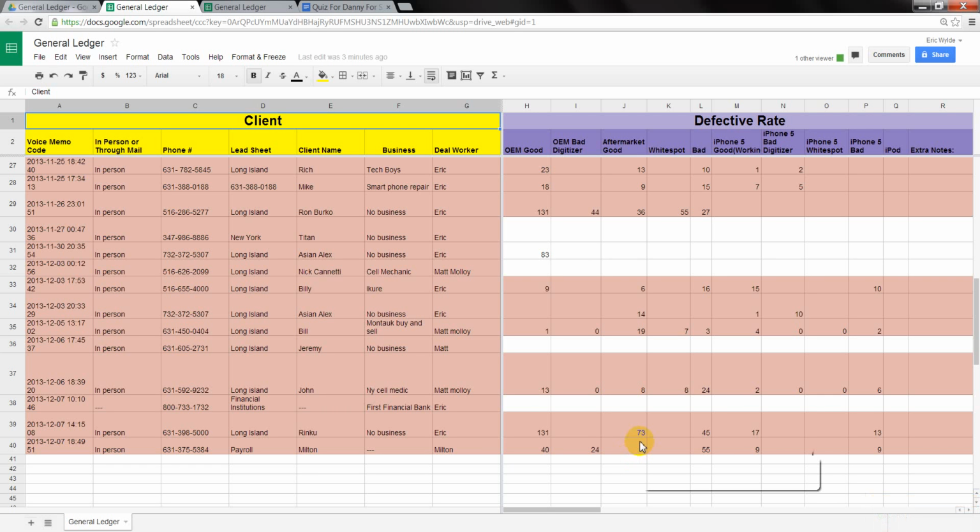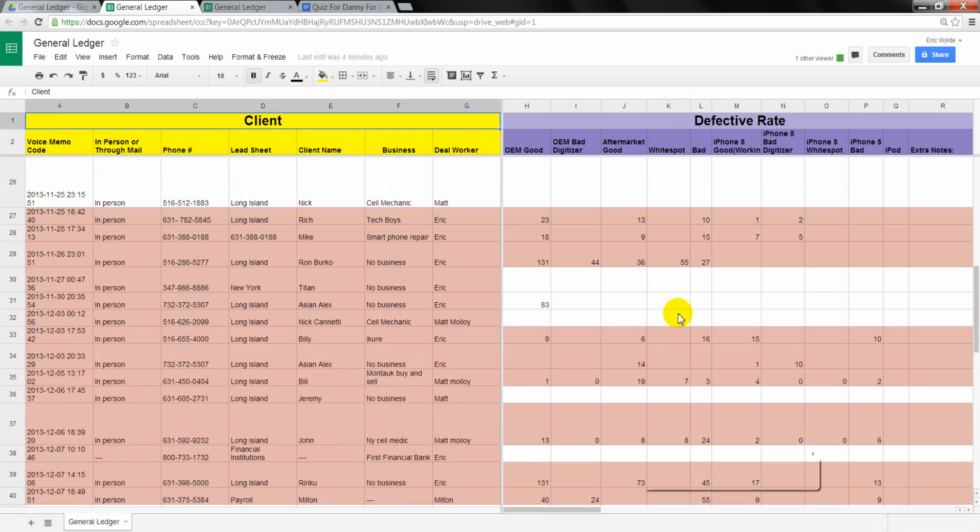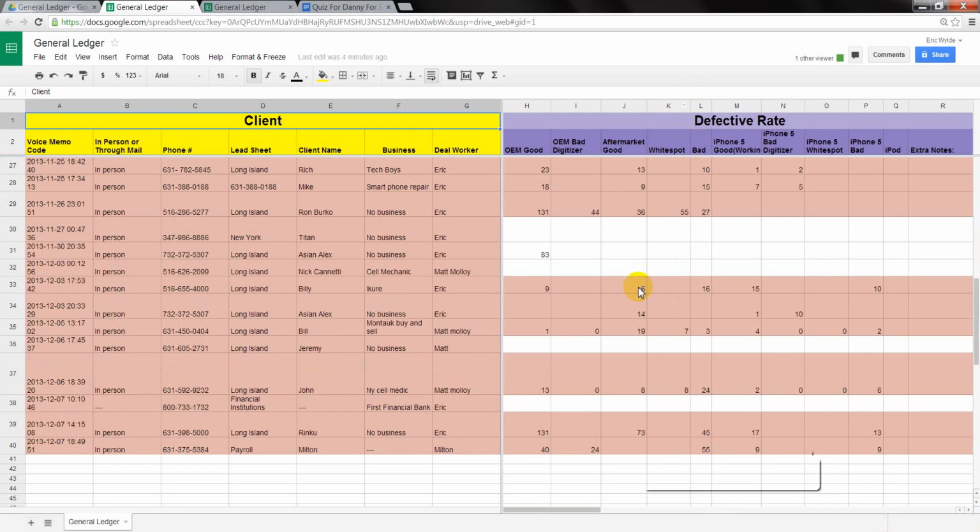A subsidiary ledger is basically an account just for one type of transaction. For instance, defective rate. If we wanted to find the defective rate, we could just look at the General Ledger, but it's a lot harder to do that because there's a lot of entries where transactions happened, no defective rate was taken.